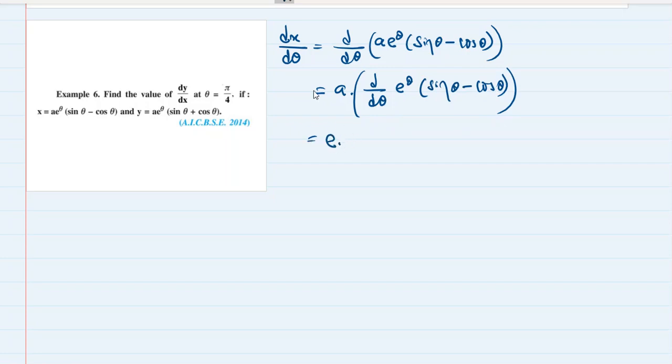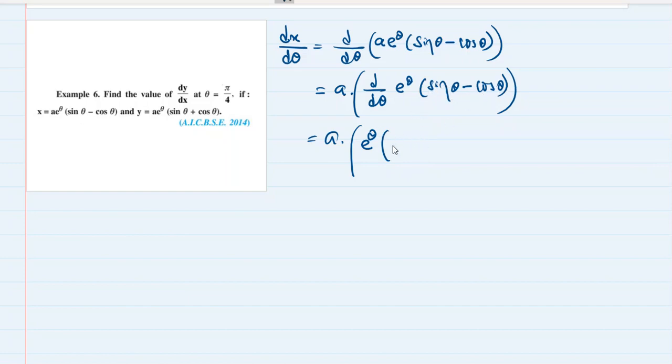So a multiplied by, we apply product rule. Product rule gives us first term into differentiation of second term. So e raised to theta bracket differentiation of sine theta minus cos theta.